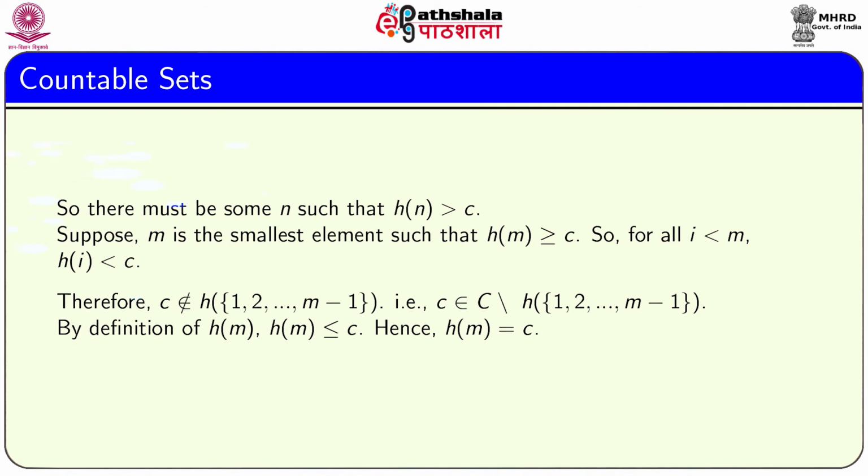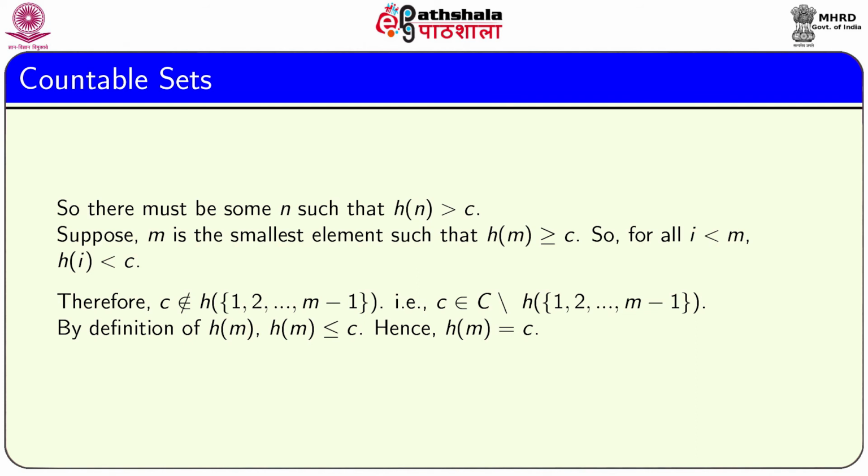Suppose m is the smallest element such that H(m) is greater than or equal to C. So, for all i less than m, H(i) is strictly less than C, and therefore, C is not in the image of the set {1, ..., m-1} under the map H, that is, C is inside the complement of H({1, ..., m-1}).